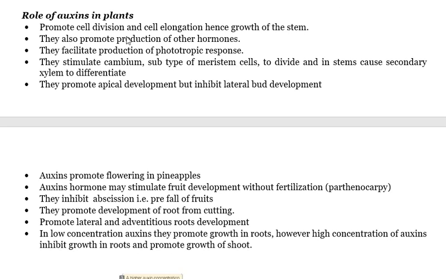Firstly, they promote cell division and cell elongation, hence growth of the stem. Cell division and cell elongation. However, as we shall see later, there are different kinds of phytohormones which work in synergism, that means in a supporting fashion with Auxin to promote their effects in plants.